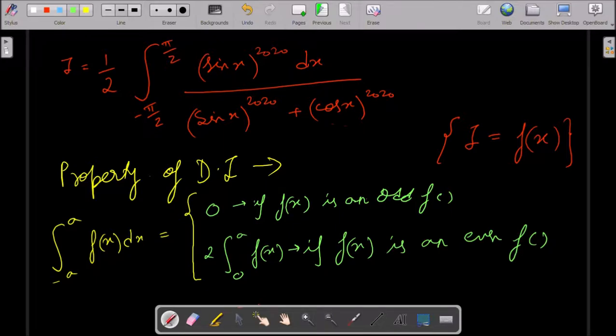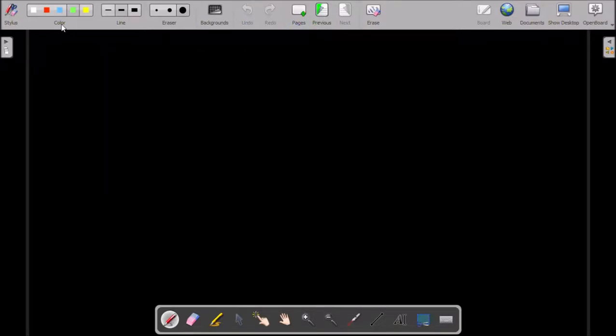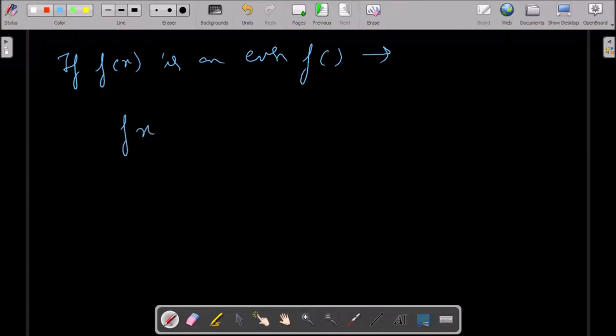Now let me tell you what an odd and what an even function is, in a short manner. See, if f of x is an even function, then f of x will be equal to f of minus x, when x is multiplied by a minus sign.